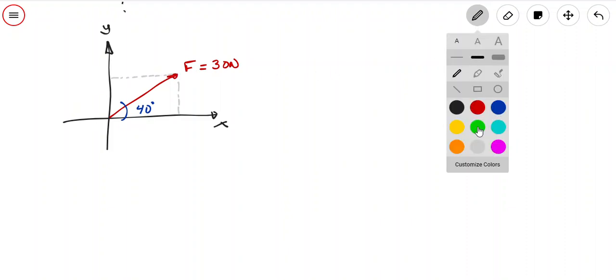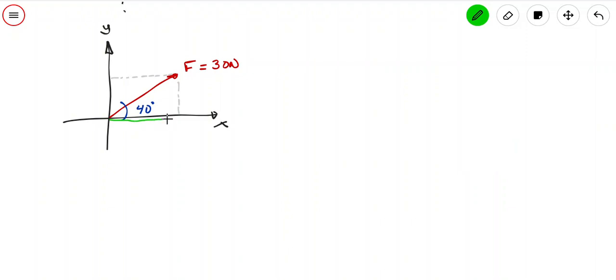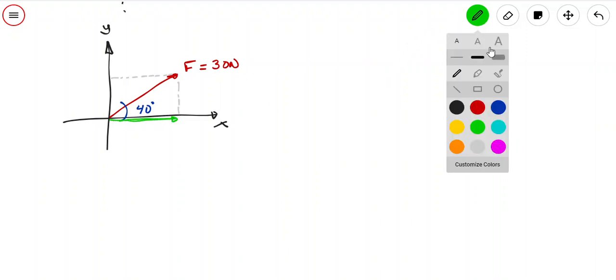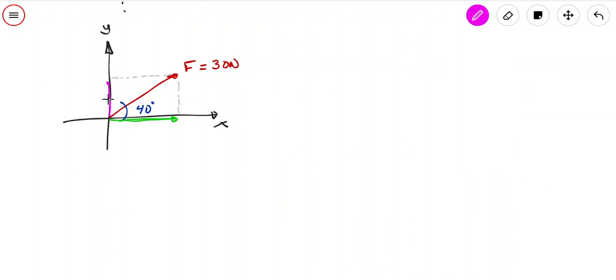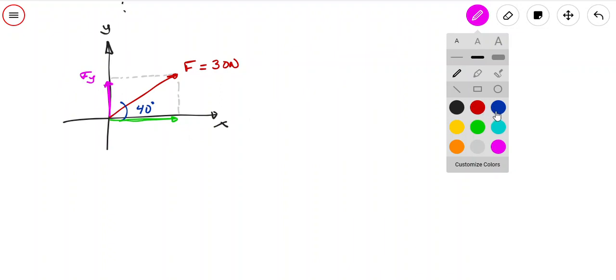So this here will be Fx, and then here we're going to have Fy, or the y component. So these Fx and Fy are going to be related with the force F through one of the trigonometry ratios, right?